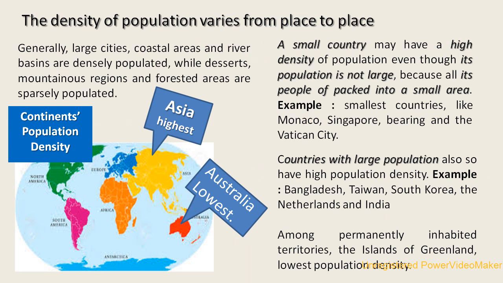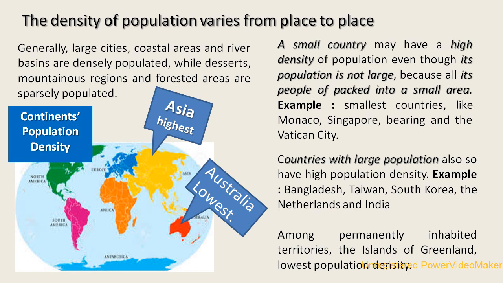The density of population varies from place to place. Some areas have more people living in them, but in some areas there are fewer people. Even in your city you can see that some areas have flats and all, and more people are living in that particular area.